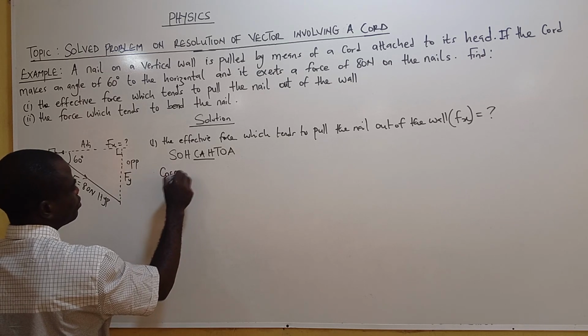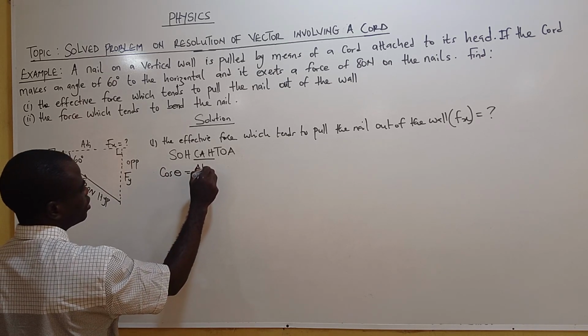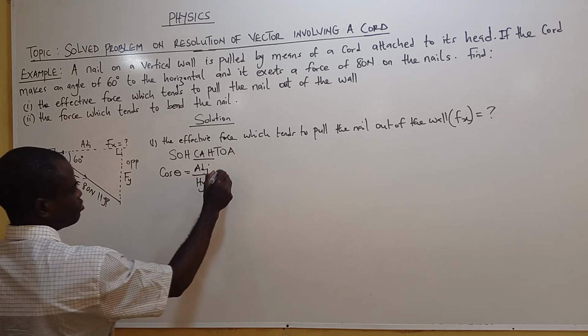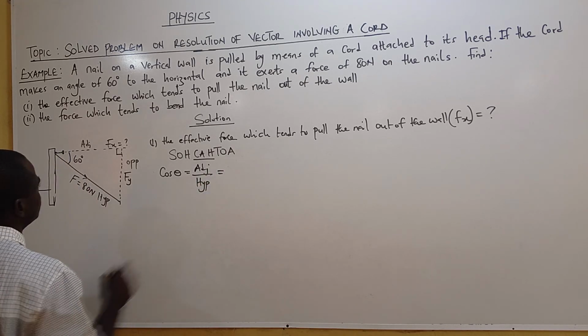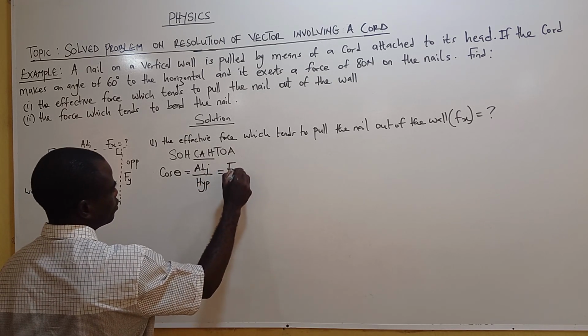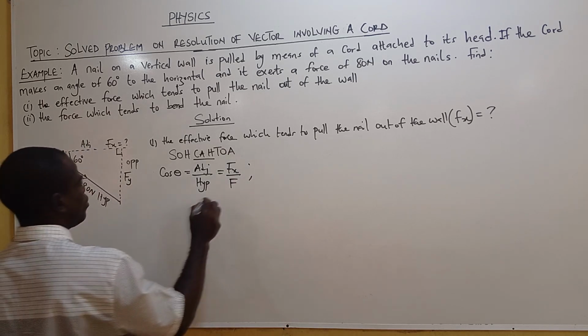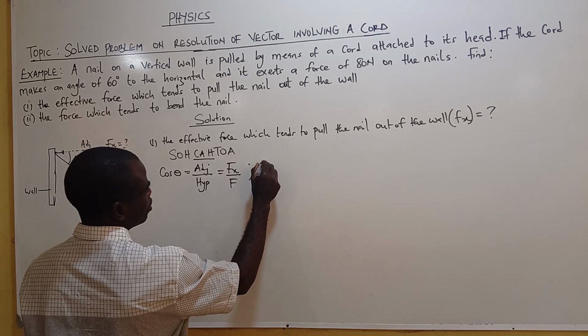Cos theta equals adjacent over hypotenuse. What's our adjacent? We use Fx. Our hypotenuse we use F. Now what's theta? 60 degrees.